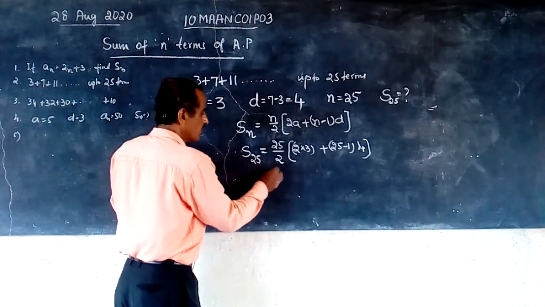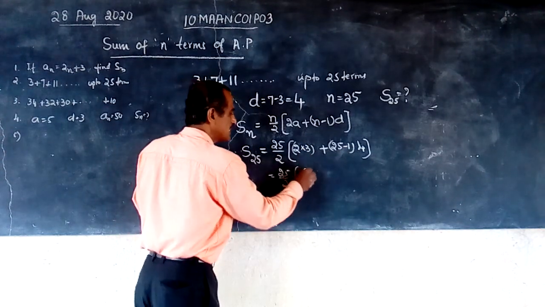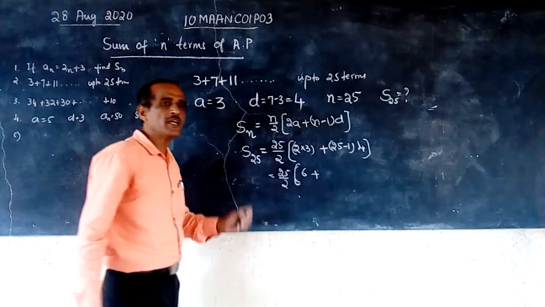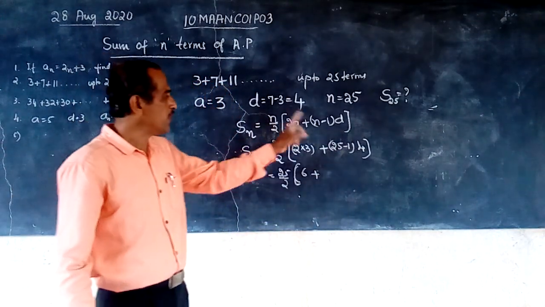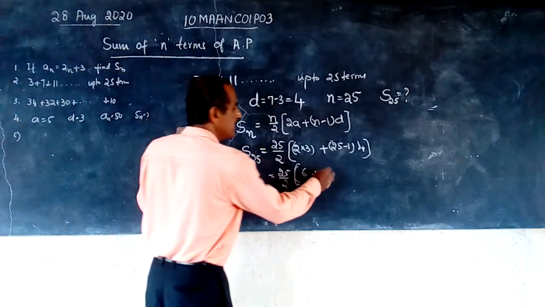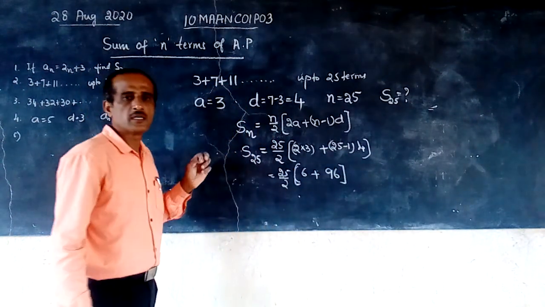So that is equal to 25 by 2 into 2 into 3, which is 6, plus 25 minus 1, which is 24, into 4. 24 into 4 is 96.